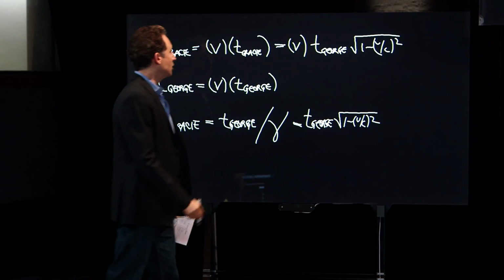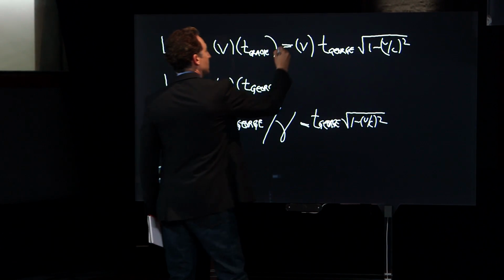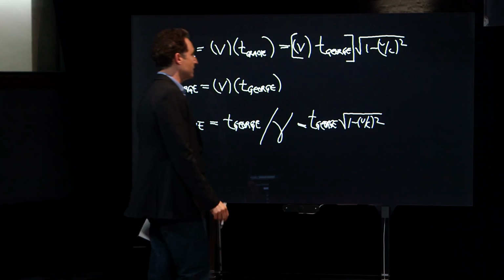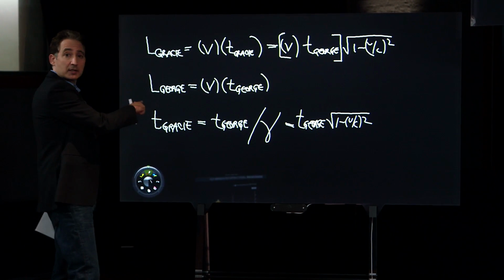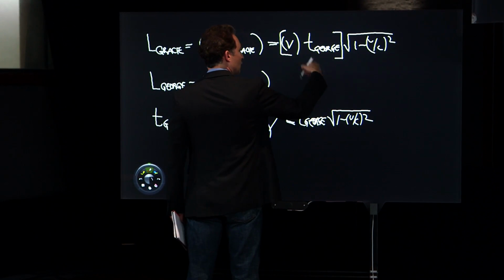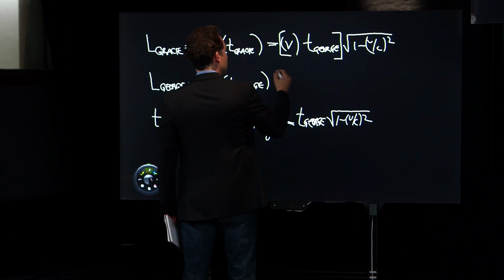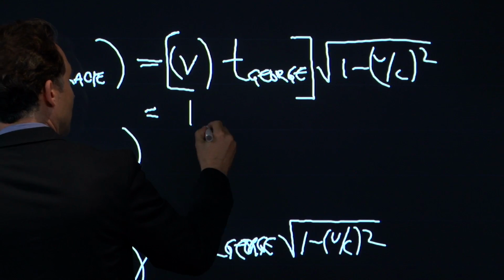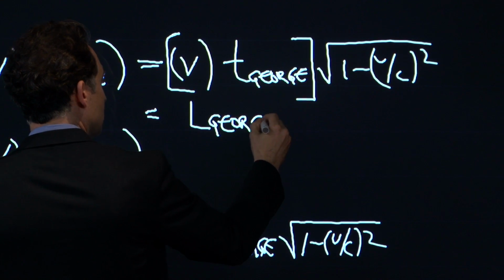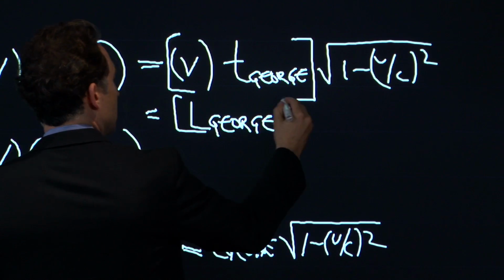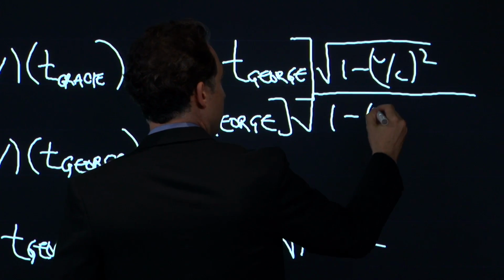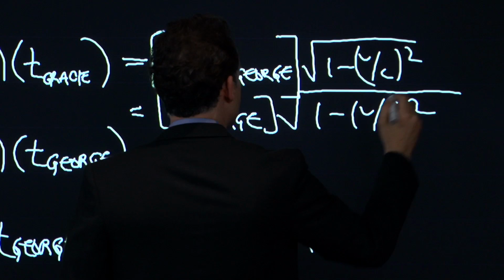Now I look over at this expression and I recognize that the piece in brackets, v times T George, is just the length of the train from George's perspective. So the right-hand side can be rewritten as the length of the train according to George, in the brackets, times the square root of 1 minus v over c squared.